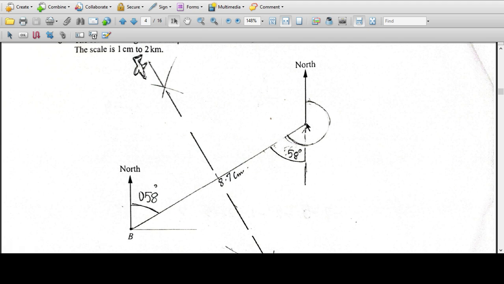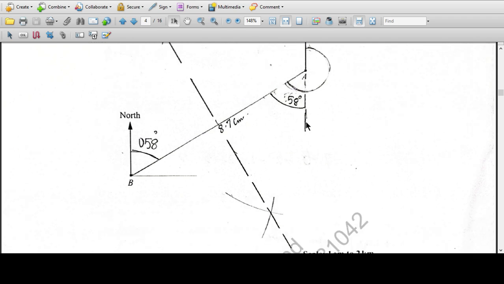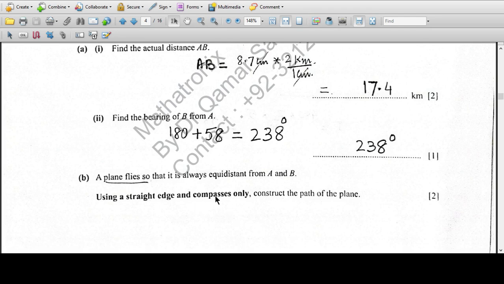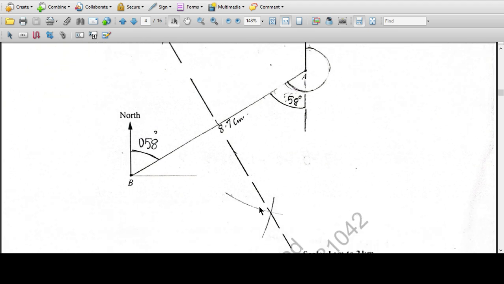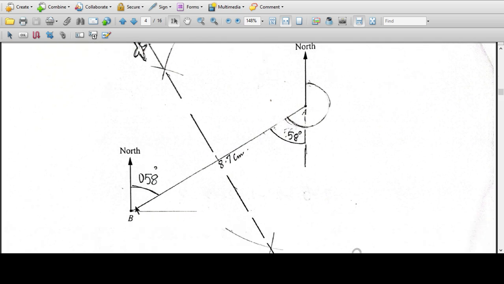So we will draw a bisector of A and B. So we use a compass and open it more than half of this line, say 7 or 8 centimeters, and draw an arc here and here using the compass, keeping the same opening.